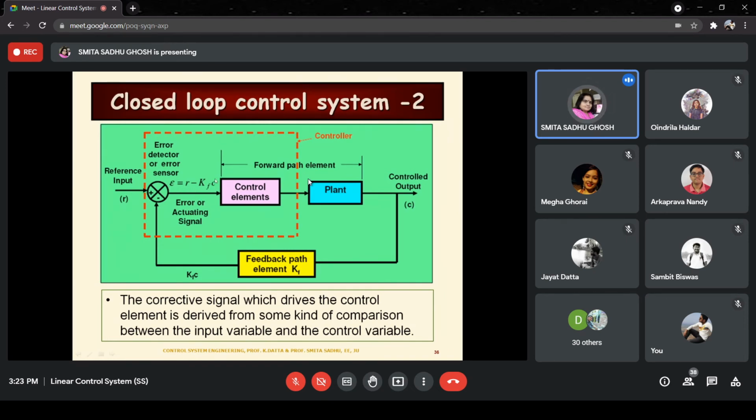In such a case, the corrective signal will be equal to 0, and no further corrective action will be required. And that is the way all feedback systems with a negative feedback act, right? So when we have a negative feedback like this, the corrective signal will be the driving signal for the plant. If there exists no difference between the two, R and KFC, then the corrective signal would become equal to 0.